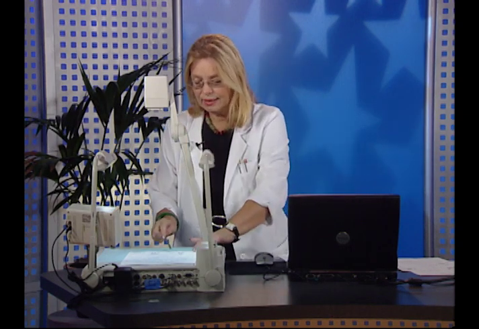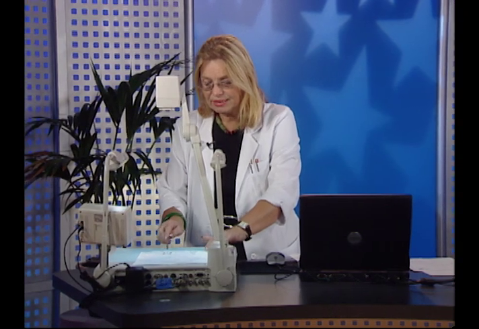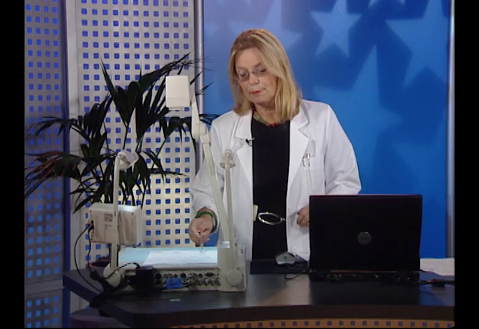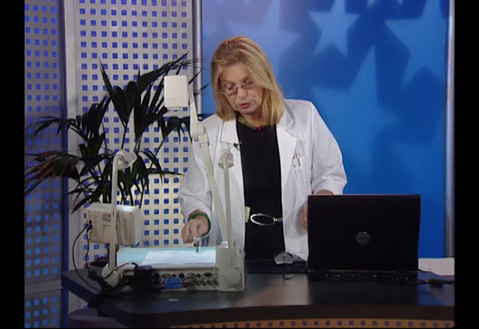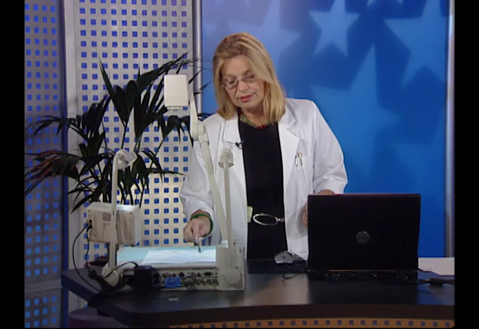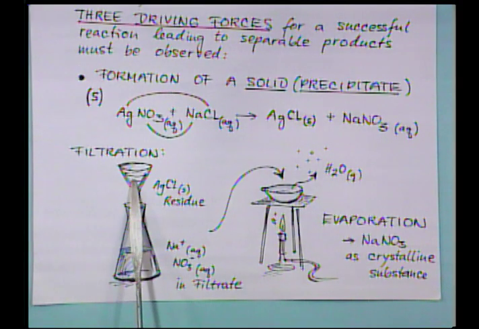And we see here, this is a positive reaction. Why? Because we can separate the silver chloride from the rest of the solution by filtration. That means we can isolate the components. The silver chloride will be in the residue in the filter. The rest of the ions will be in the filtrate.